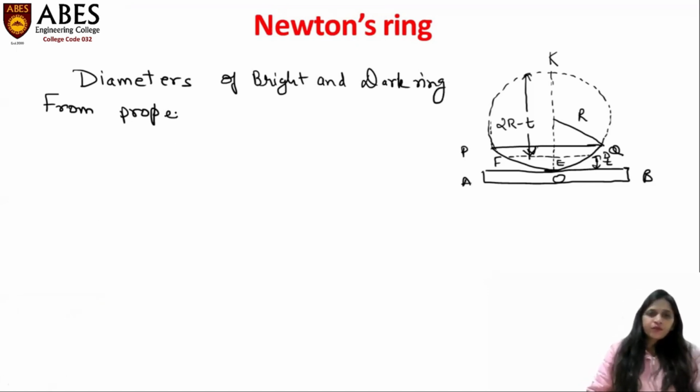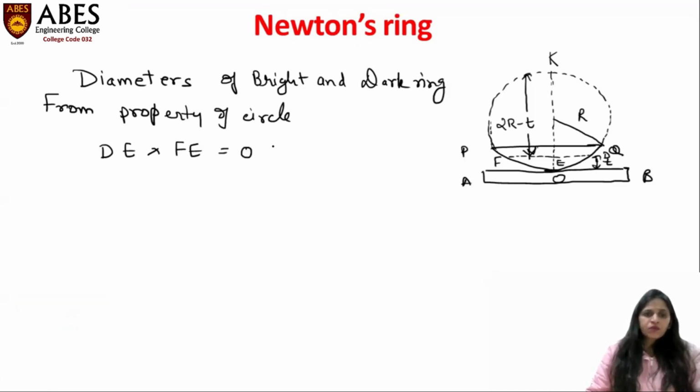Okay, so from property of circle, we know that DE into FE will be equal to OE into EK, right?